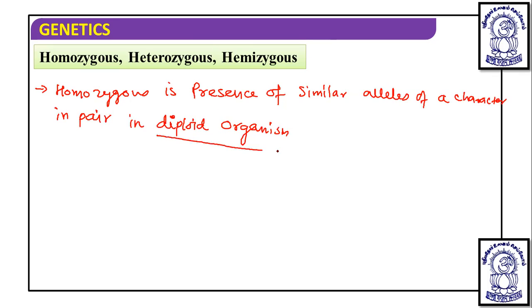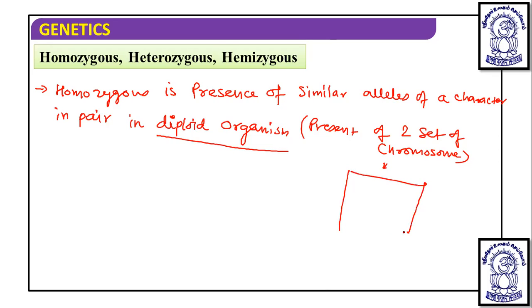See, diploid organism means presence of two sets of chromosomes. Two sets of chromosomes means one is the maternal set, one is the paternal set. If we draw the chromosomes like this, a total of 8 chromosomes are there.